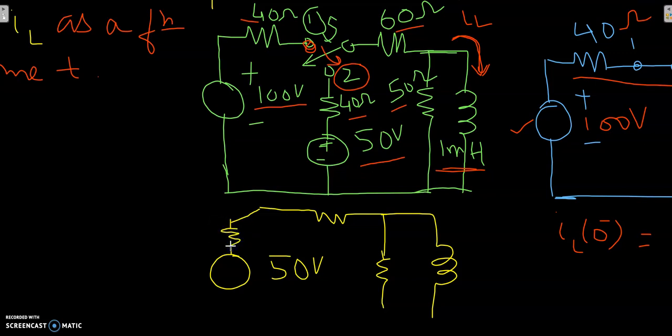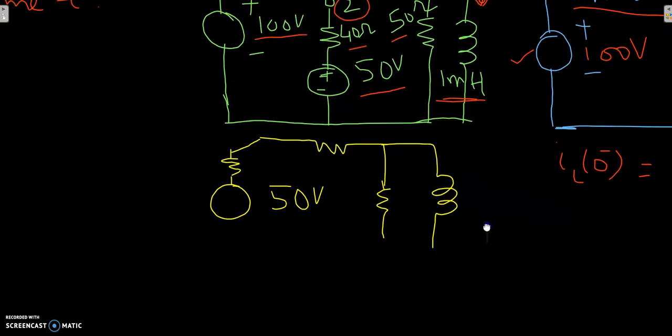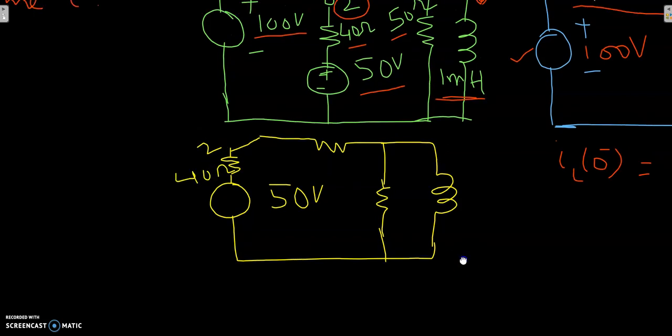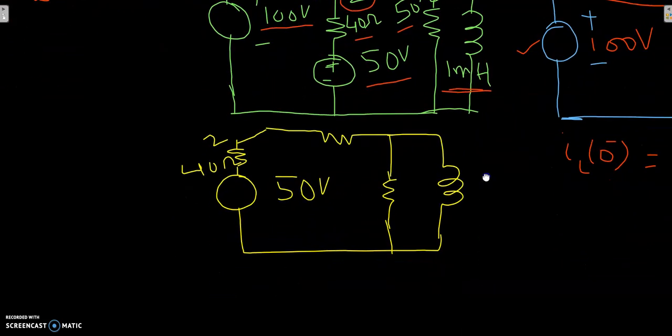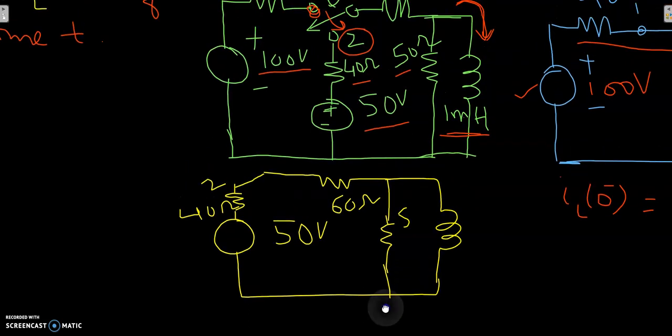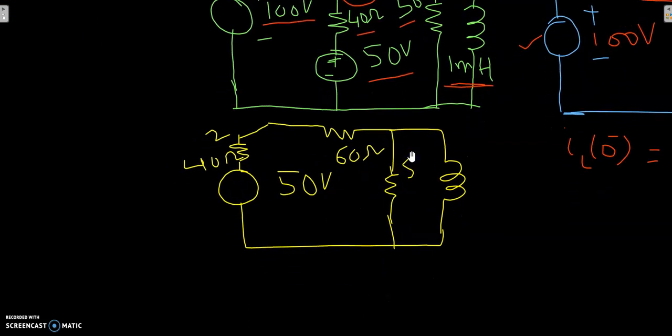So this is 40 ohms, and this is connected to position 2. This is 40 ohms, this is 60 ohms, and this is 50 ohms. This is 50 ohms, and this is 1 millihenry.